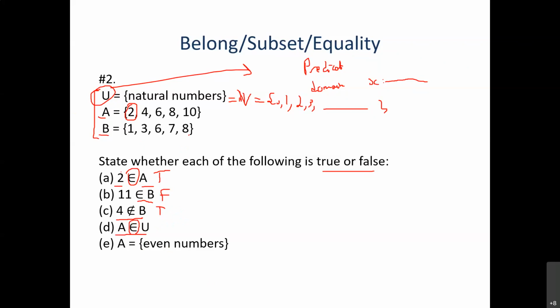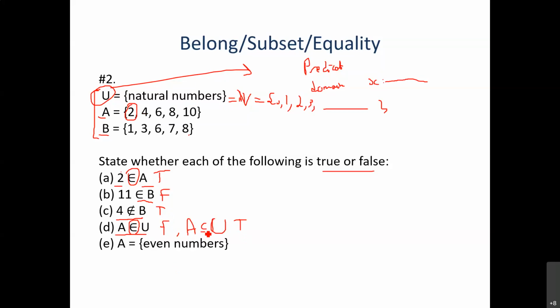No, it does not. So this is false. If it was A is a subset of U, then yeah, it would be true. A is a subset of U because all of the elements in A are also in U.